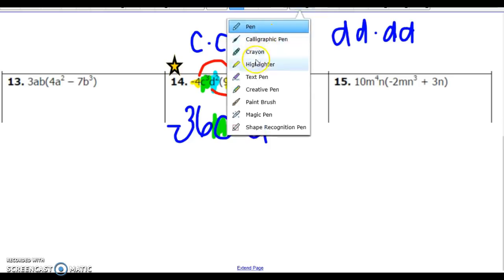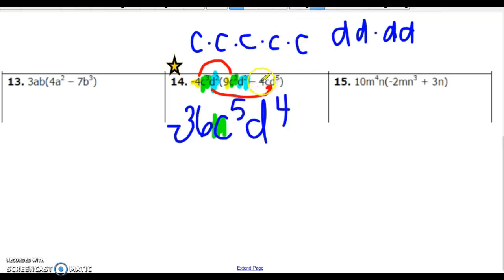All right, so let's go back to highlighting. Highlighters are, in my opinion, the most brilliant thing ever. Okay, so now I've got negative 4 times negative 4. Well, what happens when you do negative times negative? Yeah, you get a positive. So negative 4 times negative 4 is positive 16.